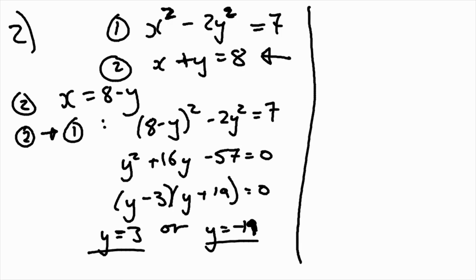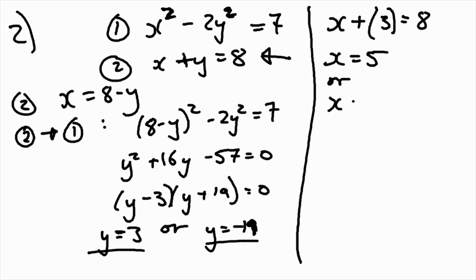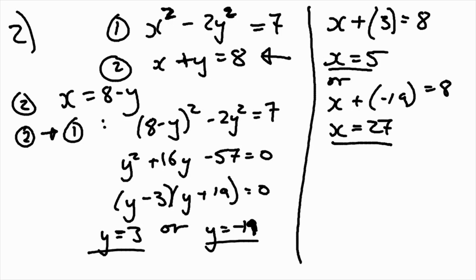So x plus 3 equals 8, so x equals 5, or x plus minus 19 equals 8, so x equals 27. Now, with this, we need to pair our solutions together.